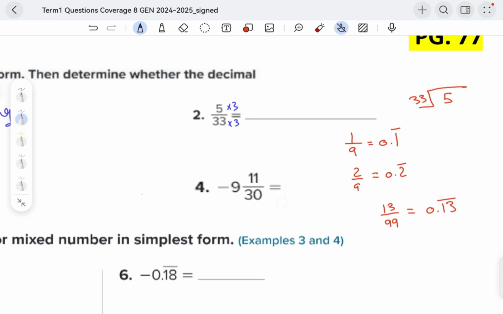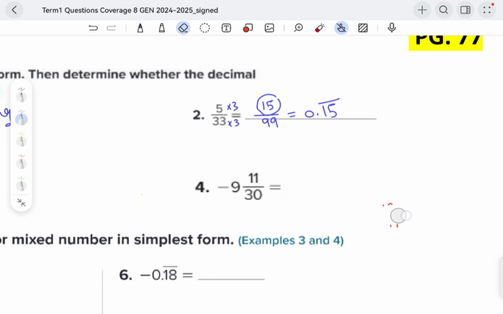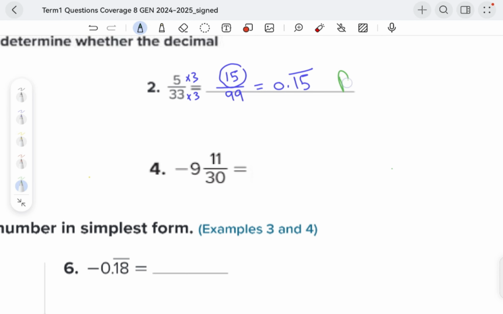If we do that, we're going to have 15 out of 99. Since here we have 99, we're going to have 2 repeating digits. So the 15 will be repeating. So this answer in the decimal form will be 0.15 repeating. So this is a repeating decimal.